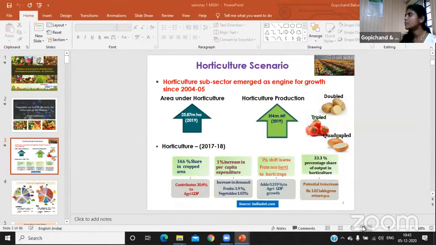The National Horticulture Mission is a flagship program. It was initiated in 2005-06, with the mission of overall development of horticulture. And CIH, the Central Institute of Horticulture, was started in 2006-07 for horticulture development.